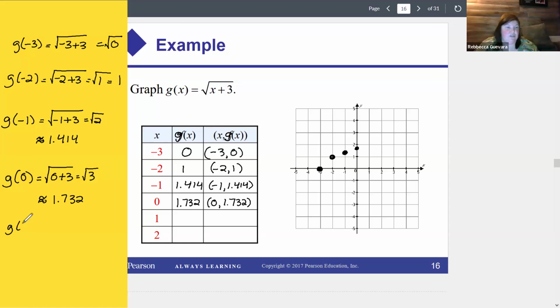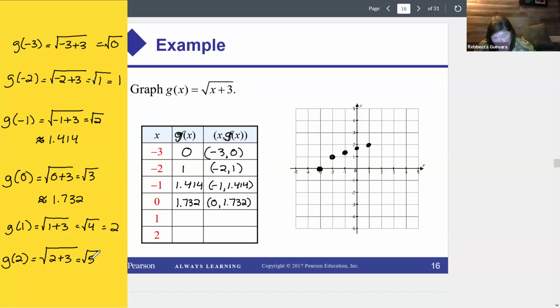All right, g of 1. That's the square root of 1 plus 3, which gives me the square root of 4. Oh, yay, something is easy, 2. Then g of 2 is the square root of 2 plus 3, so we're doing the square root of 5.